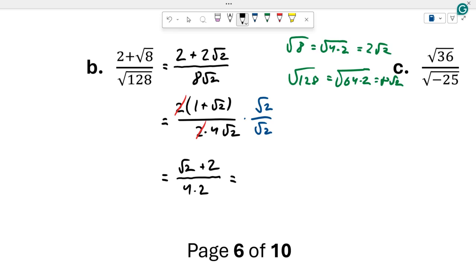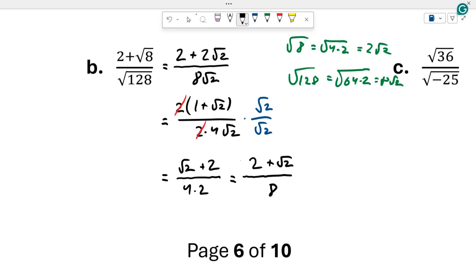Now, in the numerator, it's a mathematical convention when you have an expression like this to write the rational part first. So I'm going to flip the order and make this 2 plus root 2. I would encourage you to write that as 2 plus root 2. And then the denominator is 4 times 2, which is 8.